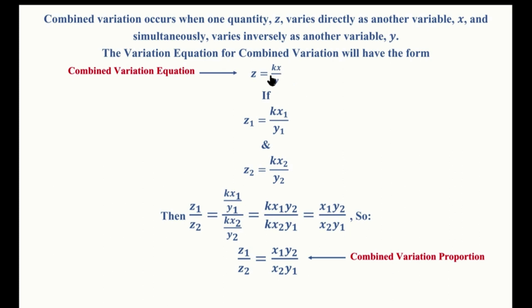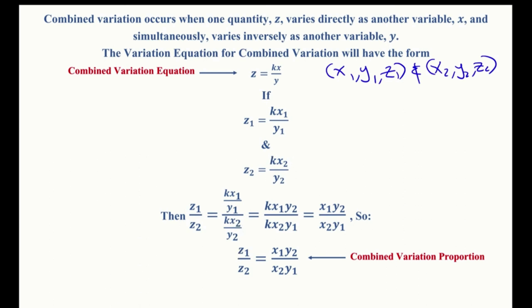So now let's say we have two ordered triples that satisfy it. In other words, the ordered triples are X1, Y1, Z1, and X2, Y2, Z2. So now we get Z1 equals KX1 over Y1, and Z2 equals KX2 over Y2. Now, if we look at the ratio of Z1 and Z2, we get Z1 over Z2 equals KX1 over Y1 over that expression for Z2.